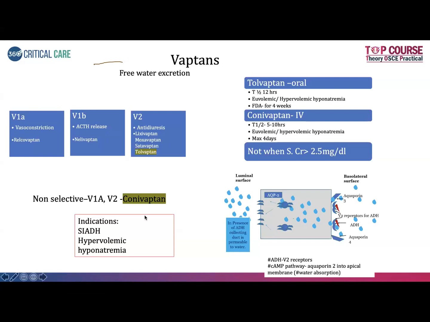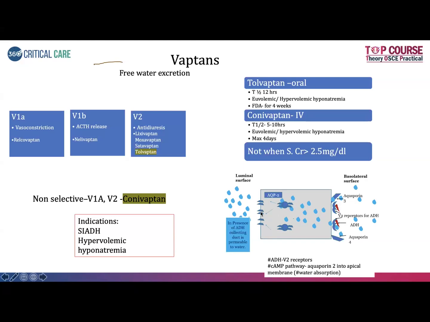Okay. So we looked at the indication and mechanism of action. So it inhibits the ADH, which acts on the V2 receptors. Normal action of ADH, that is antidiuretic hormone, it acts on the aquaporin 2 channels in the luminal surface, and thereby causes more absorption, the cyclic AMP pathway, more absorption of water, prevents diuresis.